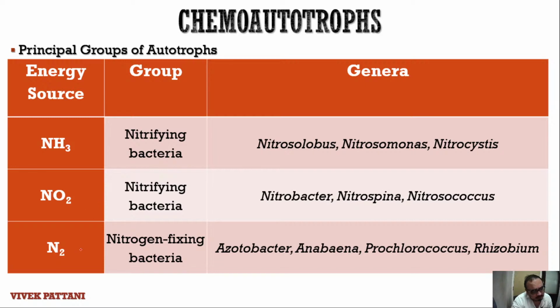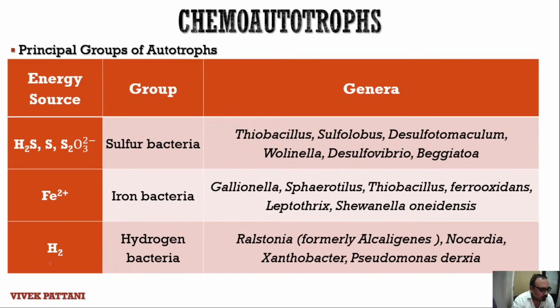These groups do not belong to the chemoautotrophs, but simply for your example, I have included nitrogen fixing bacteria such as Azotobacter, Anabaena, Prochlorococcus, and Rhizobium. Other groups with examples: sulfur bacteria such as Thiobacillus, Sulfolobus, Desulfotomaculum, Vollinella, Desulfovibrio, and Beggiatoa.